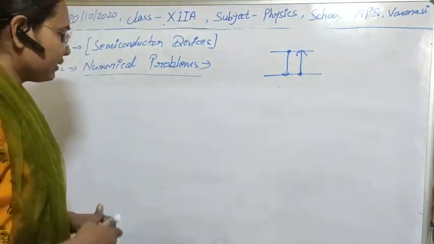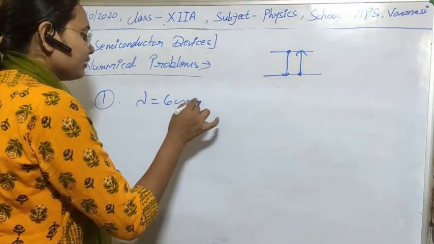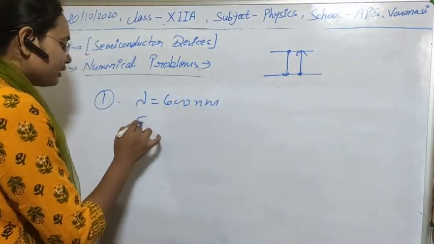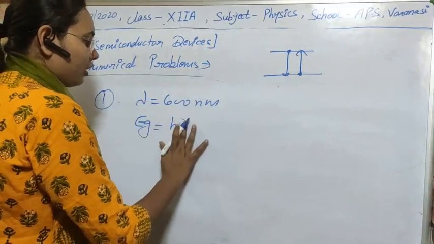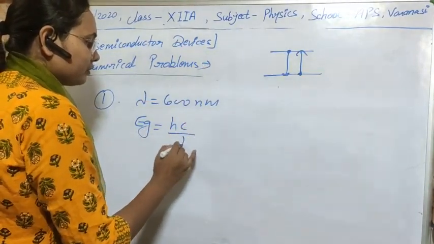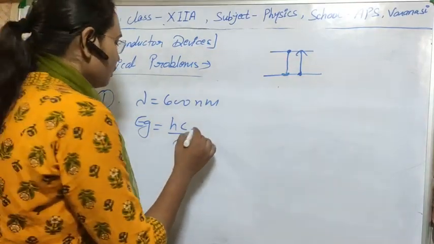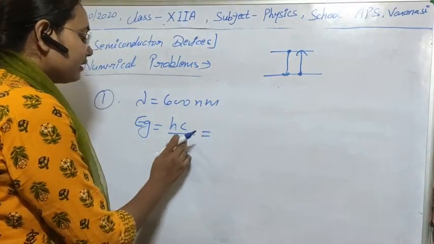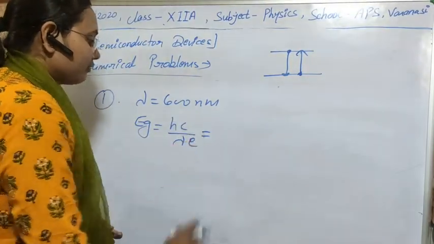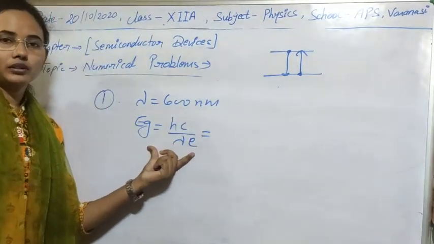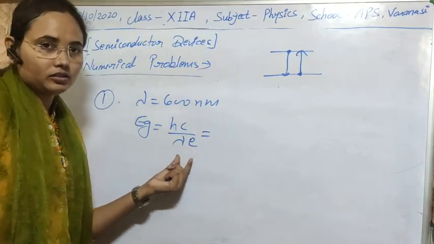The first case is lambda equal to 600 nanometer. As you know, the energy is equal to h nu, or if you convert nu in the form of lambda, that will be hc by lambda. This will be in joule, so to convert it into electron volt, let's divide it by the charge of electron.